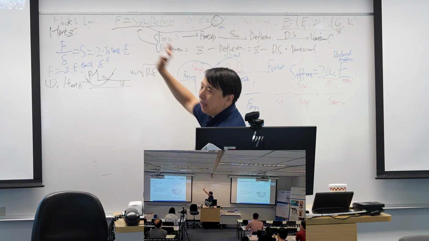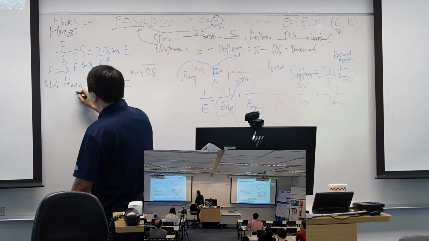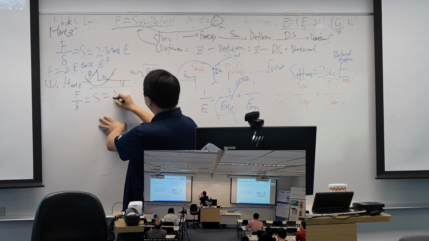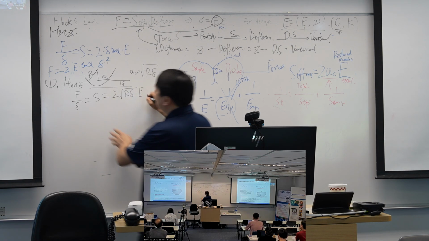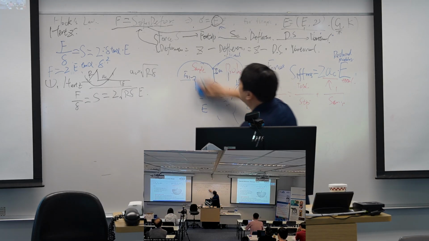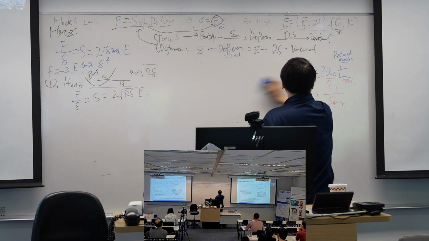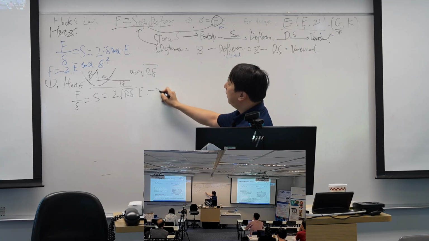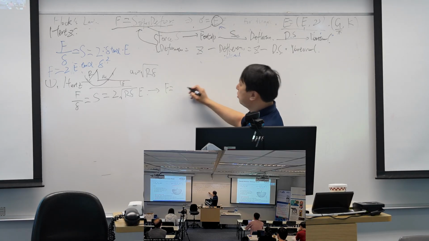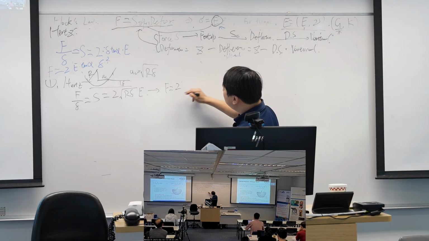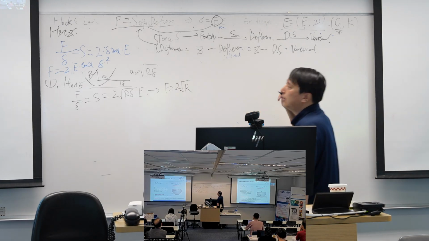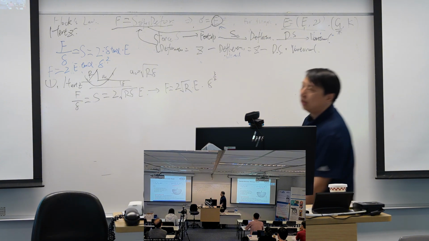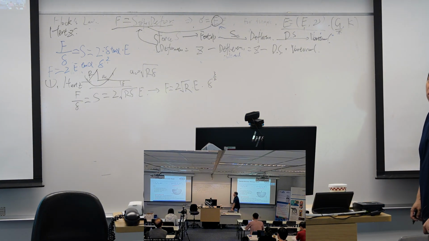And then I put it back in the Hertz model. So F over delta equals the stiffness. And this one is 2 times the square root of R delta times E. And so finally he gets F equals 2 times the square root of the radius of the tip times modulus and then times delta to the 1.5.